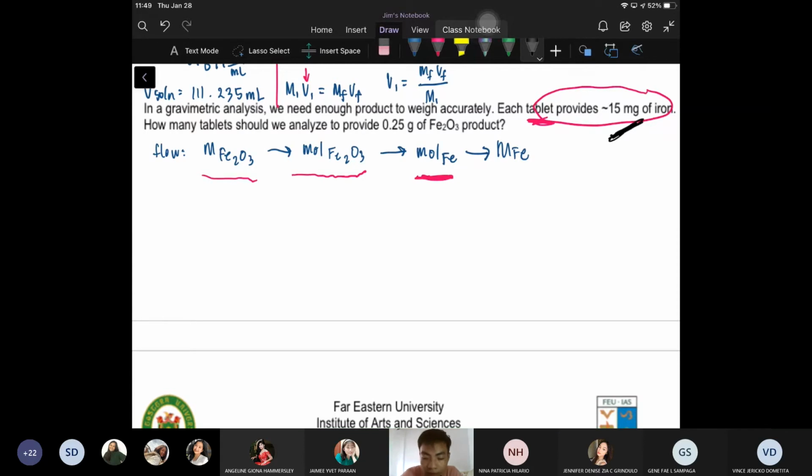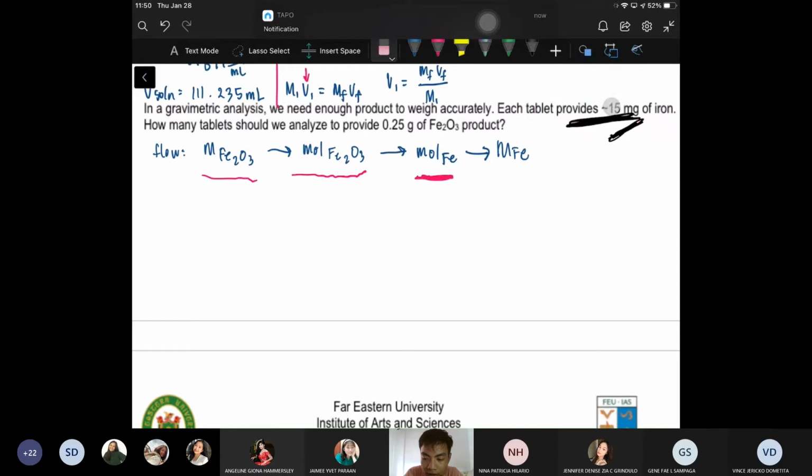So, again, from mass ng iron 3 oxide, okay? Yun yung kailangan talaga natin. Okay, so from mass ng iron 3 oxide that will be needed to carry out the experiment, convert mo siya to moles ng iron 3 oxide. Then from moles of iron 3 oxide, we convert that to moles of iron. Bakit kailangan iron? Kasi each tablet, ang meron lang tayong info ay yung iron kada tablet, given by this part of the question.